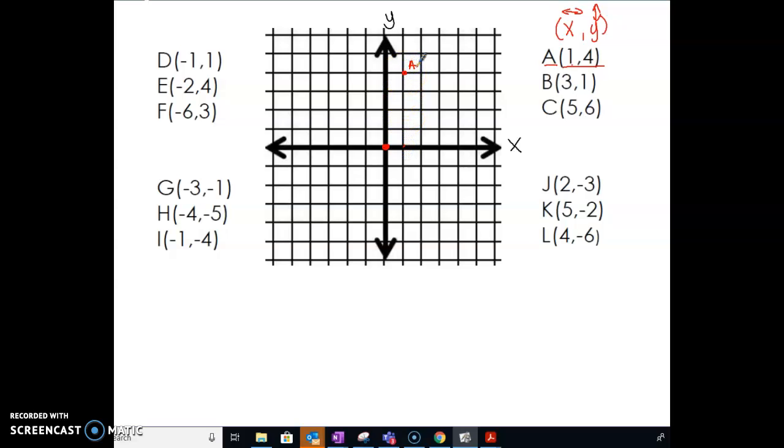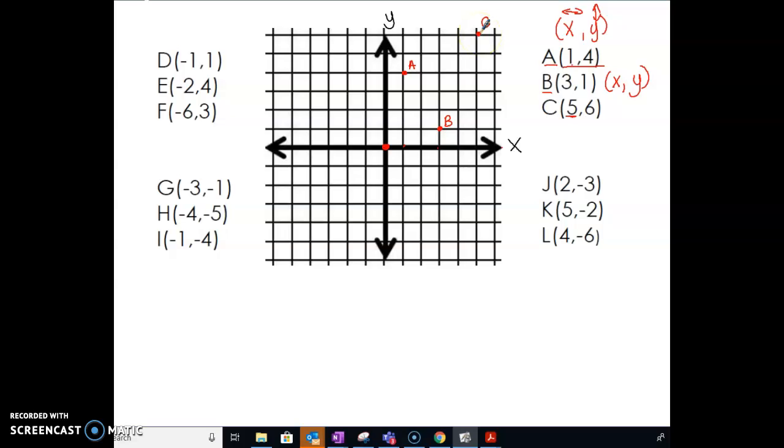This is A. B, if I want to graph that, the x is always first, it's alphabetical, and the y is second, so I would move over 3, and I'm going to go up 1. There's my B. I want you to find the C. You should find C is your point right there, when you've gone over 5 in the positive direction and up 6.